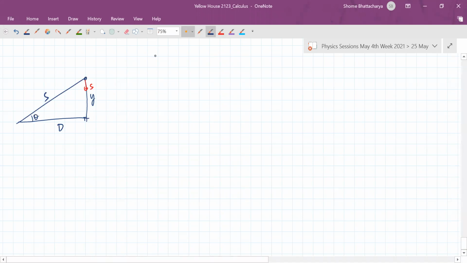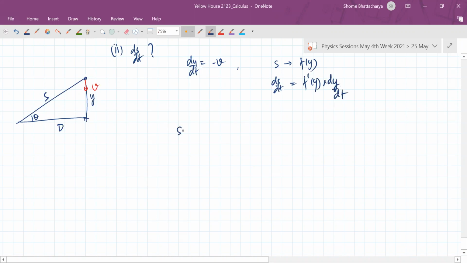We can of course use theta also. I know that dy by dt is equal to minus v. So I'll relate s with y and then find ds by dt as the derivative of this function into dy by dt.